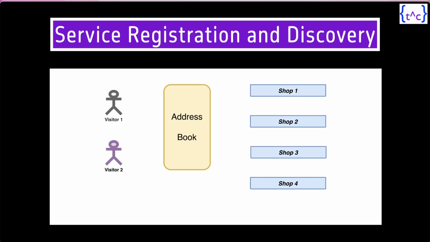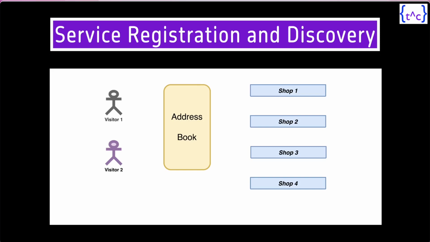So imagine if there is no address book, then what happens? These visitors need to look through the entire mall, all floors, all shops in order to get to their desired shop. All right. So any existing shop we are expecting to be registered in this address book.